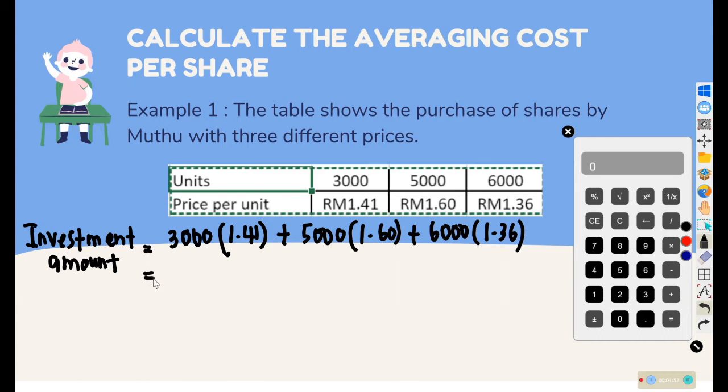Okay, so now you use your calculator here. 3,000 times RM1.41 is equal to 4,230. Plus 5,000 times RM1.60 is equal to 8,000.